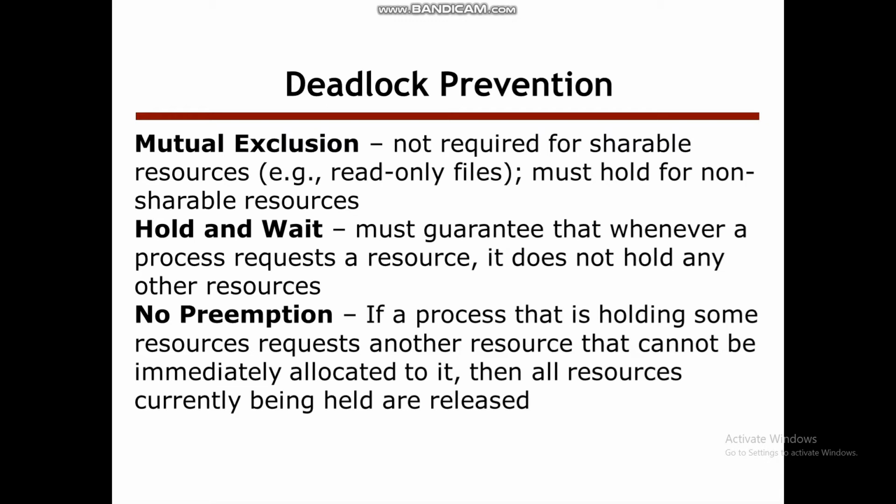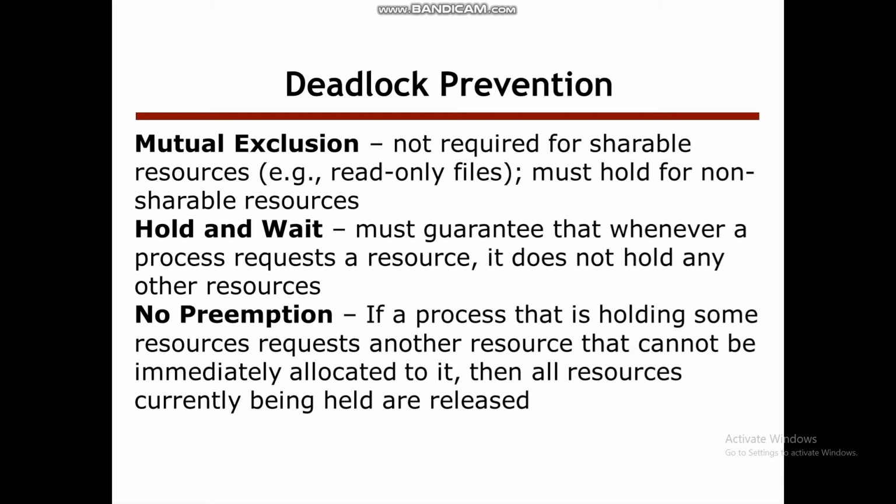Then the second condition is hold and wait, and we are going to remove the hold and wait condition. How? A process requests a resource only when the process has no resource with it, and we can avoid the hold and wait situation. Then we are going to prevent the non-preemption condition. Each process has to request and be allocated all its resources before it begins execution.